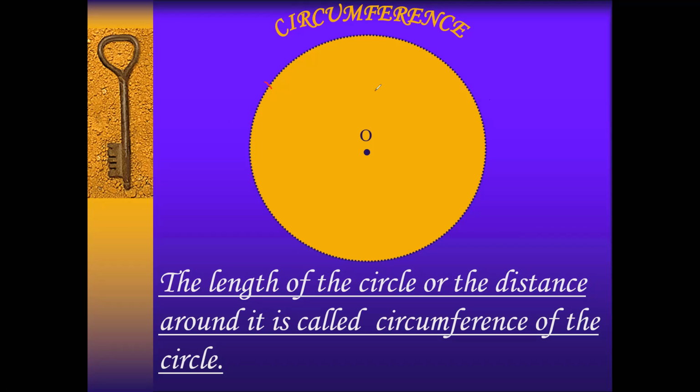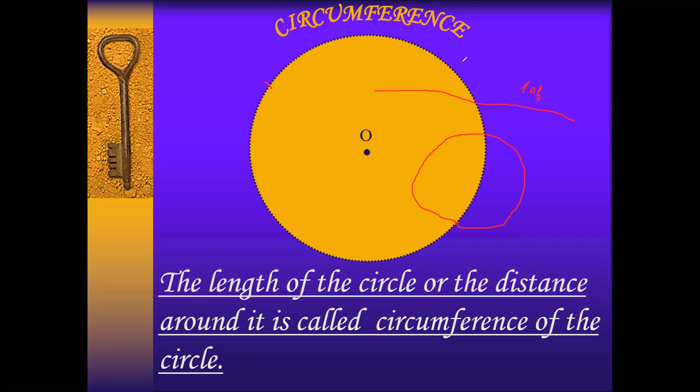Initially you had a long rope like this, and you joined these two ends like this and gave it the shape of a circle. In this example, you know that the initial length of the rope was 10 feet. So the boundary of this circle would also be 10 feet because it is made from a rope of 10 feet.